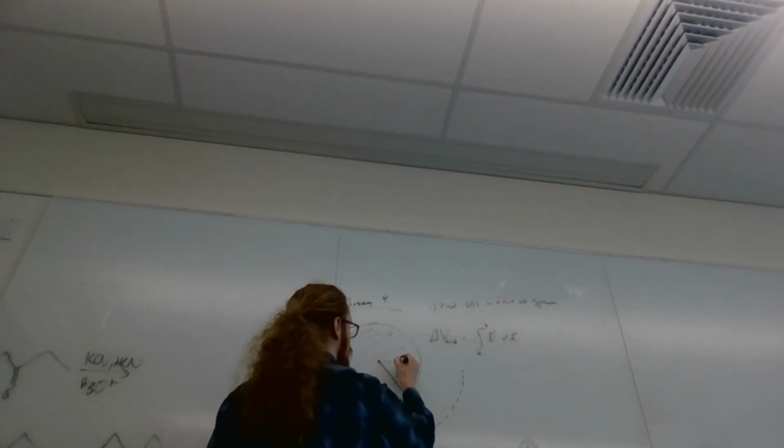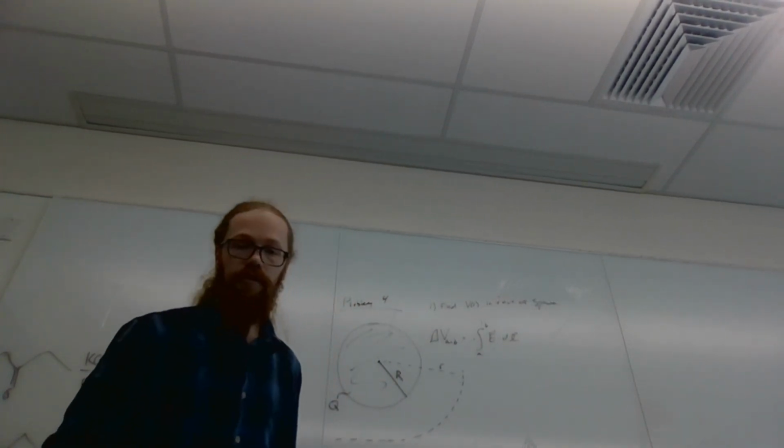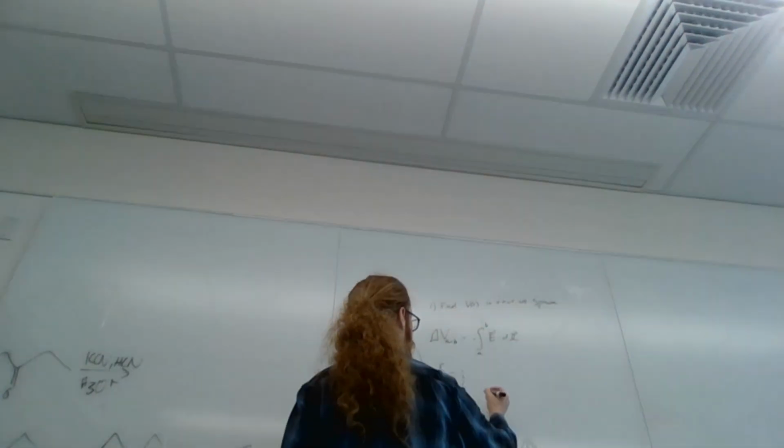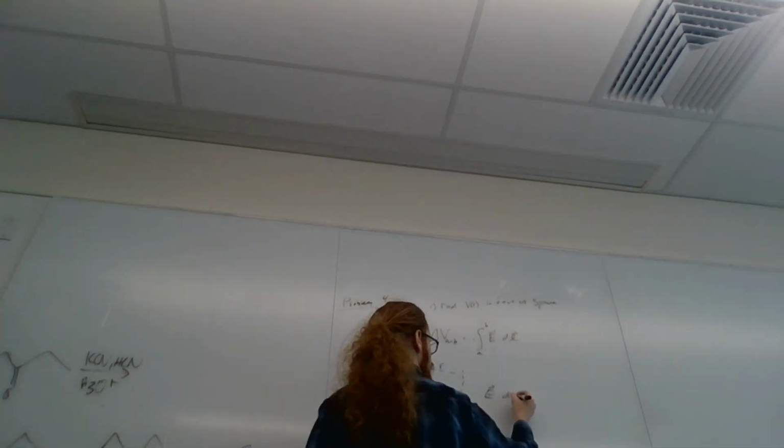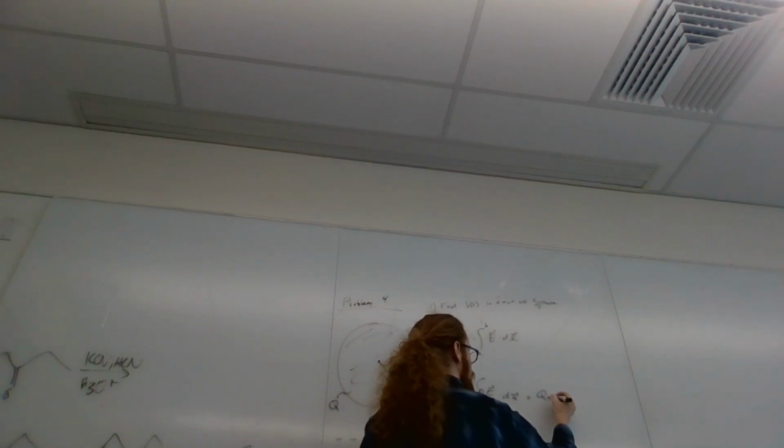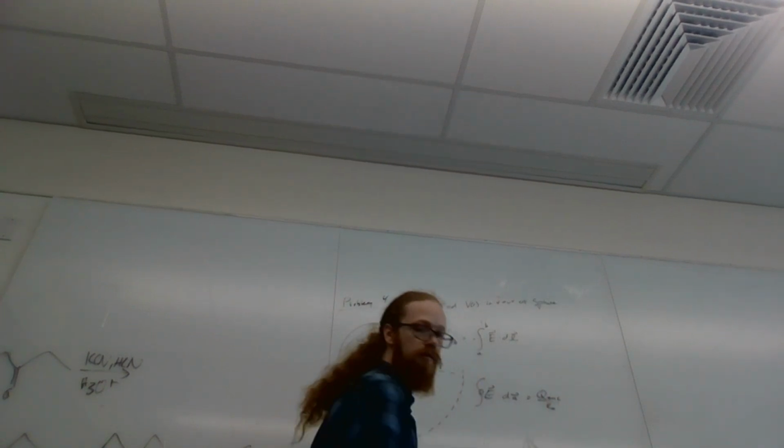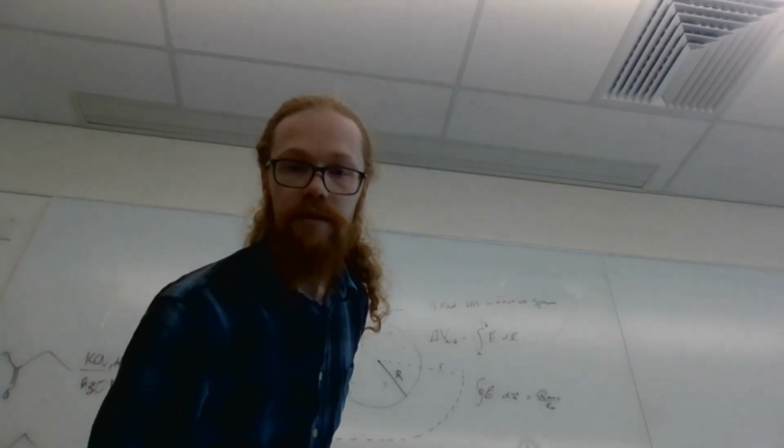So we'll draw a sphere of some arbitrary radius, I'm going to call it little r. And our Gauss's law is going to be the closed surface integral of E dot dA equals Q enclosed over epsilon naught. Is that right? Yes, it is. Lovely.